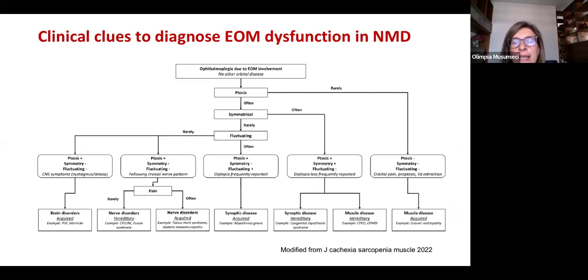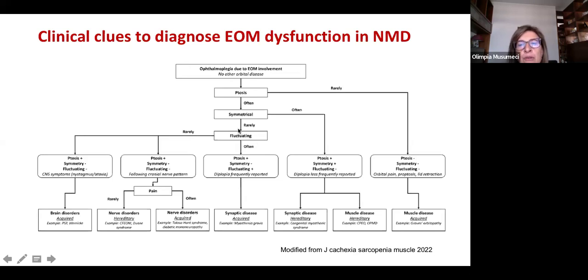So if we want to conclude this presentation, this is an overview of all the characteristic clues that can help us in the diagnosis of extraocular muscle dysfunction in neuromuscular disorders. If we have an ophthalmoplegia due to muscle involvement in the presence of ptosis, we have to consider whether it is symmetrical and how it evolves over time.